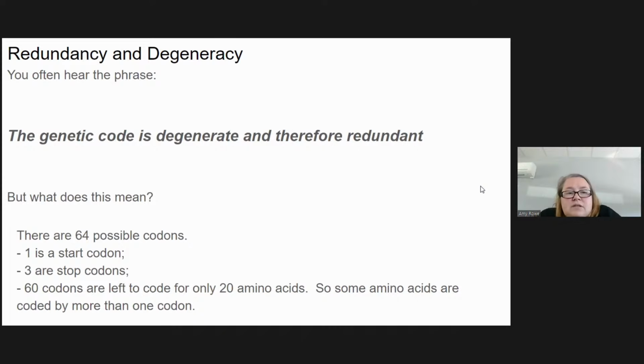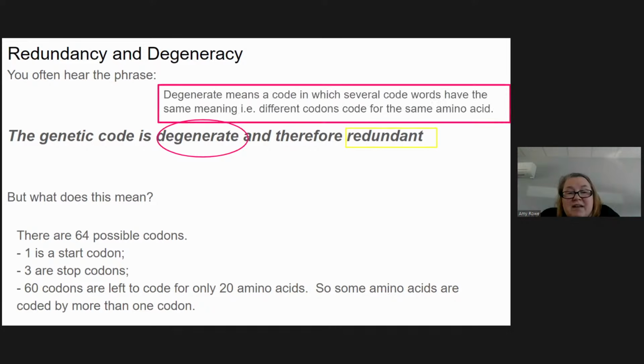Okay, so let's talk about redundancy and degeneracy. They're kind of two sides of the same coin. So you might have heard the phrase that the genetic code is degenerate and therefore redundant, okay, but you might not be too familiar with what those terms mean, or you might need a bit of refreshing. Degenerate means a code in which several codes have the same meaning.